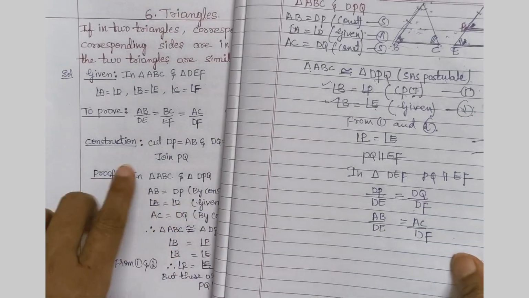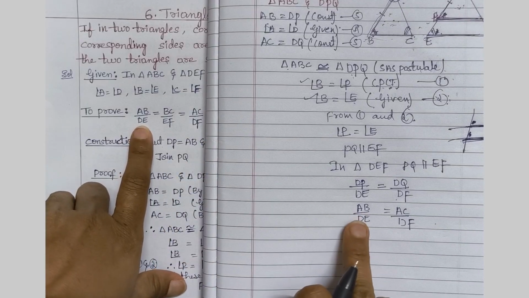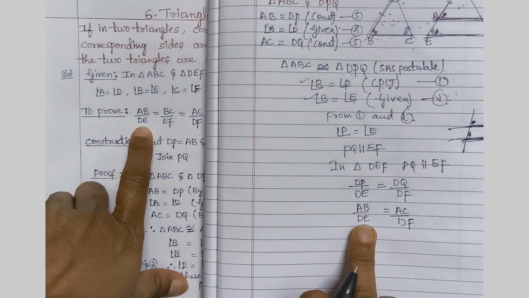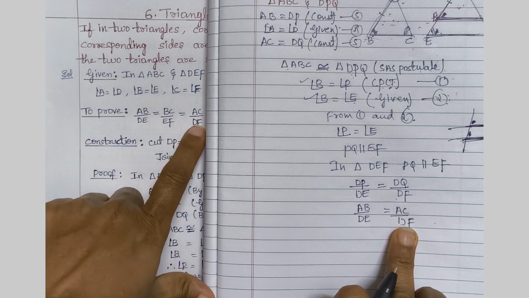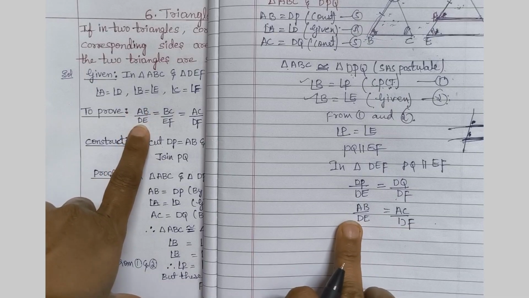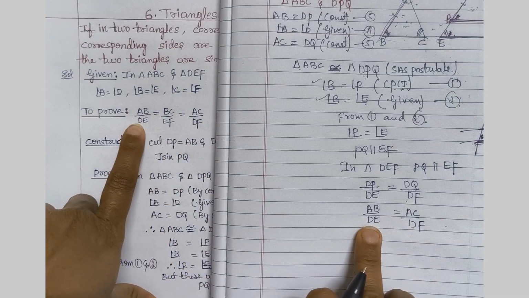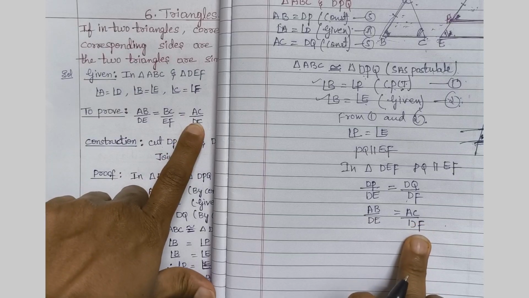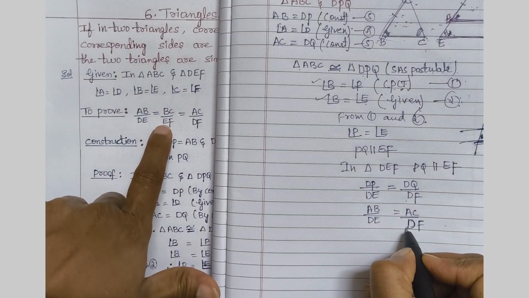Observe: in this proof, AB by DE equals AC by DF. The first one and the last one we keep. The middle one we want. AB by DE equals, first AB by DE, last AC by DF. These two answers came, but the middle answer we want.